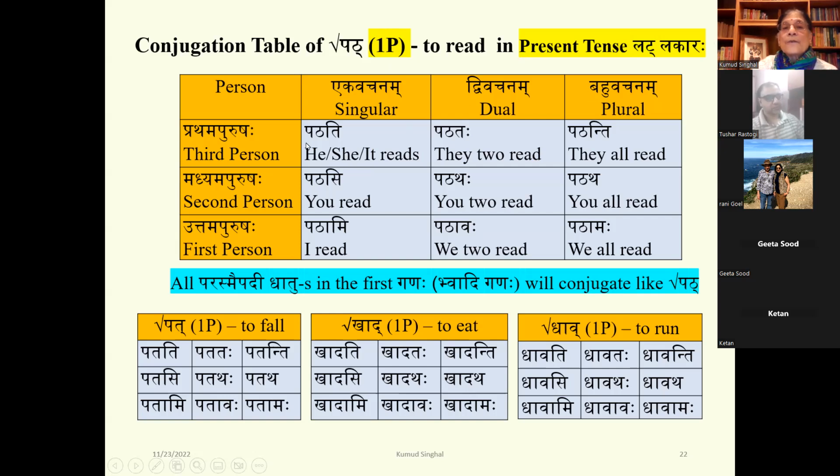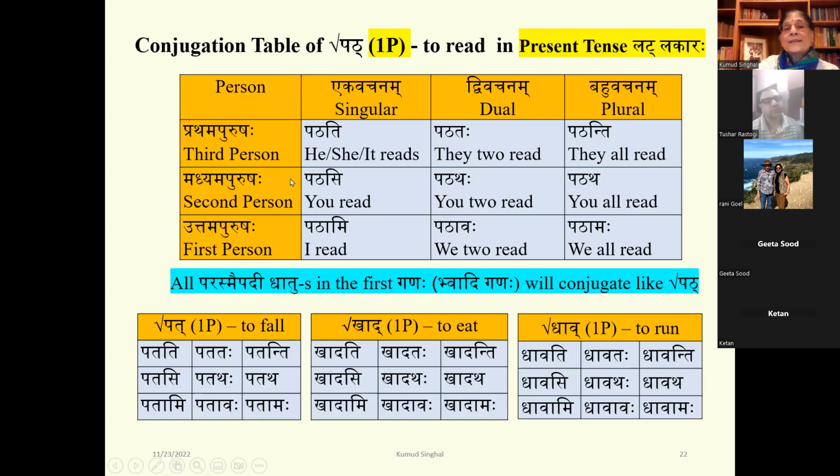So the verb forms are pathati, pathatah, pathanti, pathasi, pathathah, pathatha, pathami, pathavah, pathamah. I will read it one more time because this form you should know and remember. Pathati, pathatah, pathanti, pathasi, pathathah, pathatha, pathami, pathavah, pathamah.